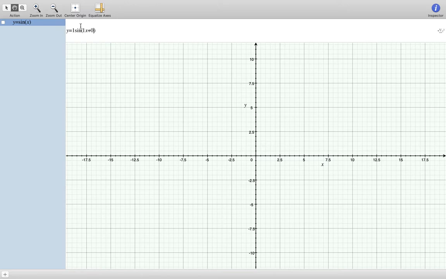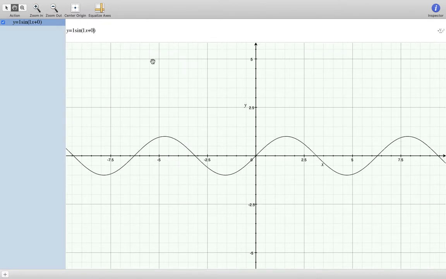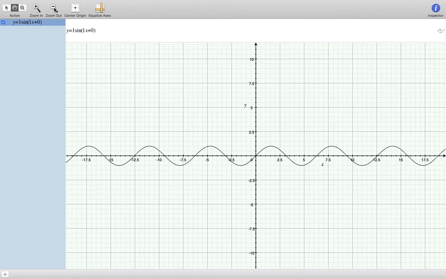Okay, so if I plot this, I'm going to get this wave right here, which has a magnitude of 1. If you zoom into it, you see this peak, it peaks at the value of 1, right?